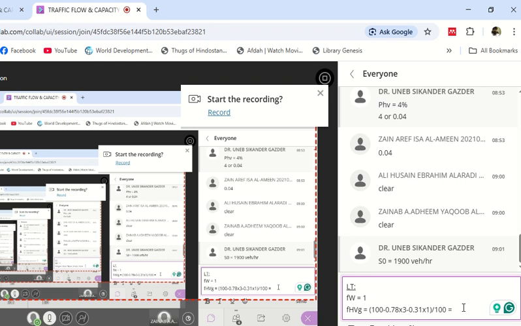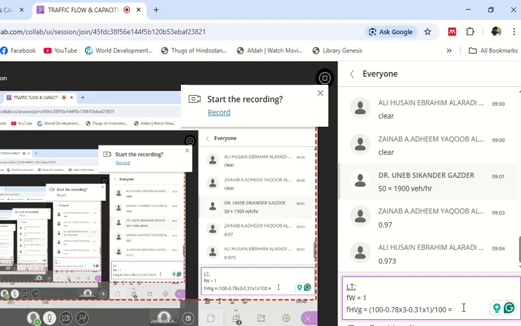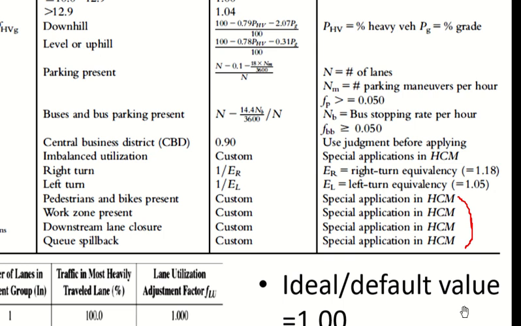How much is this value? Okay, 0.973. Moving on to the next one, which is for parking.